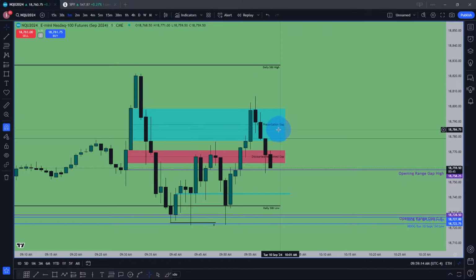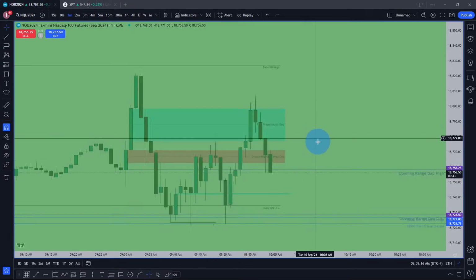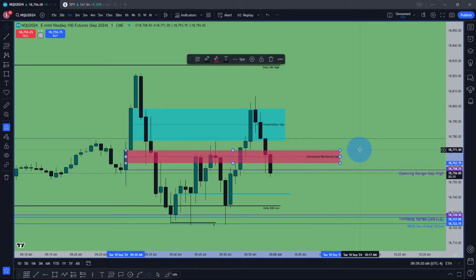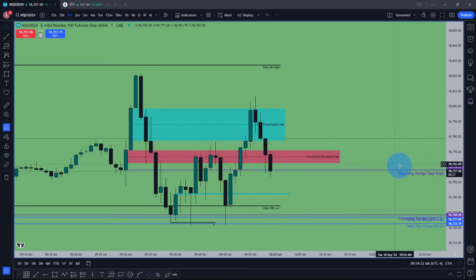So if that open either pushes higher or pushes lower, it can tell us a lot. But this reclaimed gap is about to be closed. If it doesn't, then that's it.